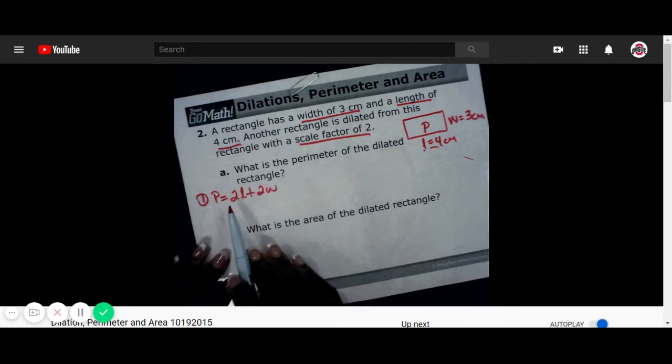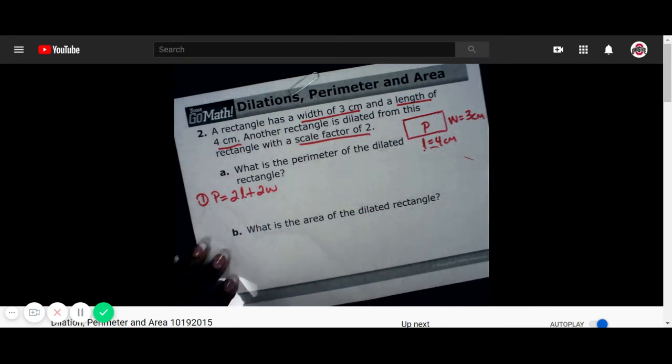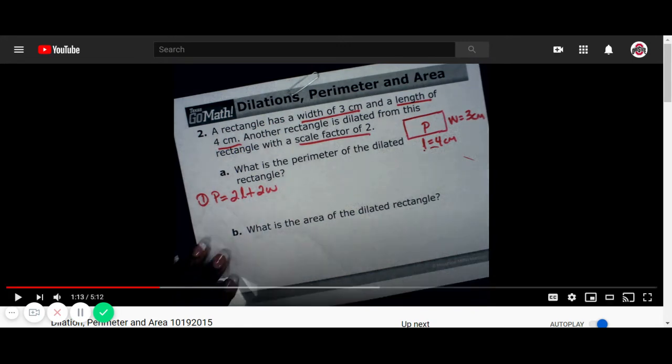If you aren't familiar with this equation, that's okay. 2L plus 2W is just the equation for perimeter, which makes sense because you take this length of 4 and add it twice, because you'll have another length of 4 up here. Take this length of 3 and add it twice, because you'll have another length of 3 over here.